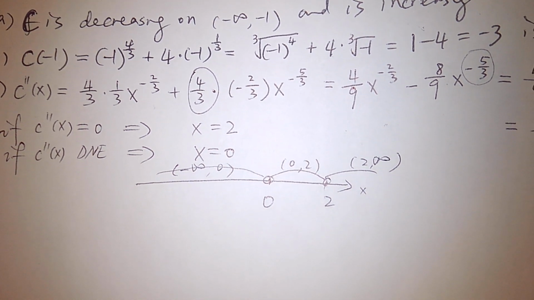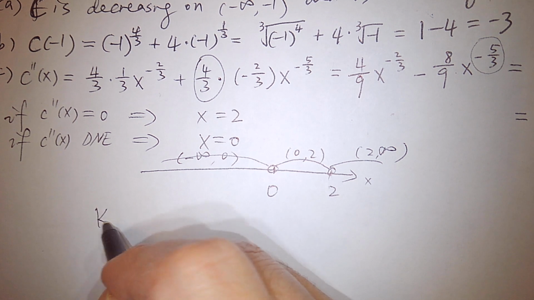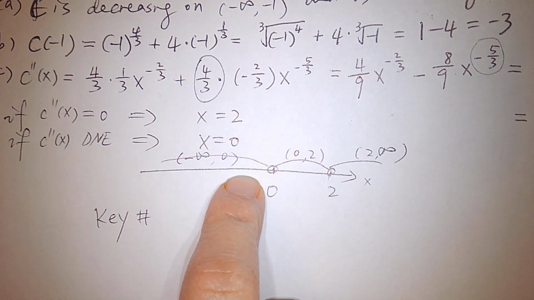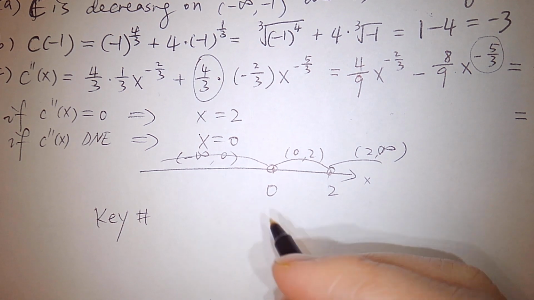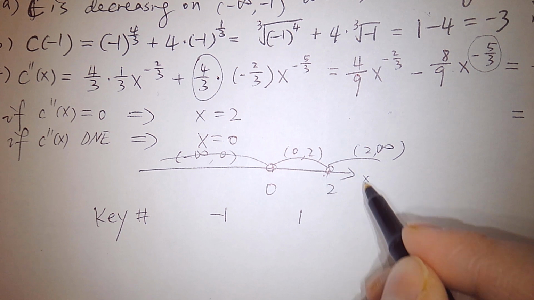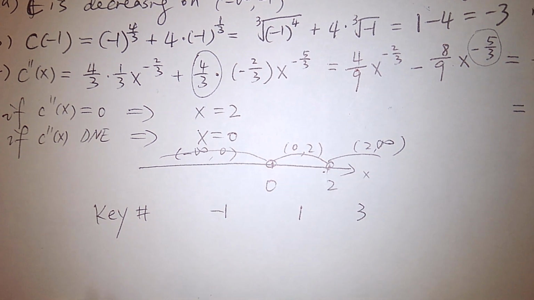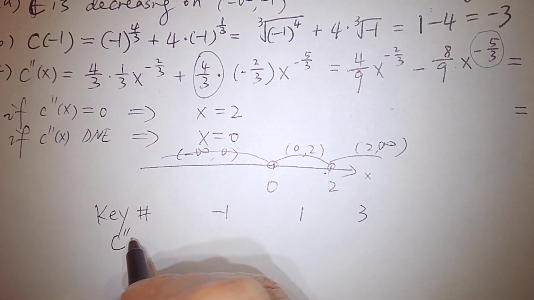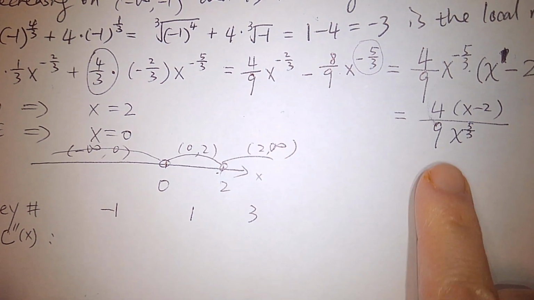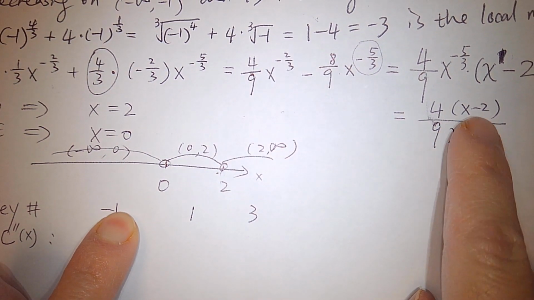Now key values or key numbers. On this interval, what key numbers do you want to choose? Negative 1, okay, we can do that. Between 1 and 3. Then for C double prime of x, what will be the sign if we plug in x equals negative 1?